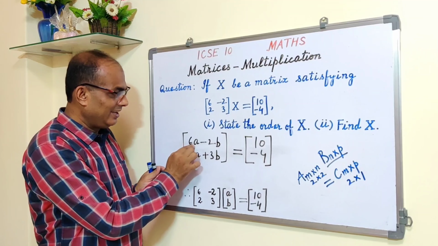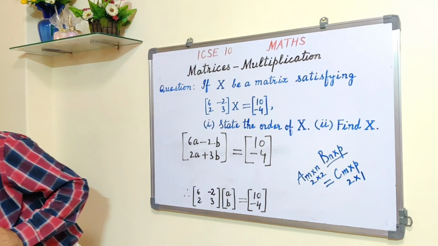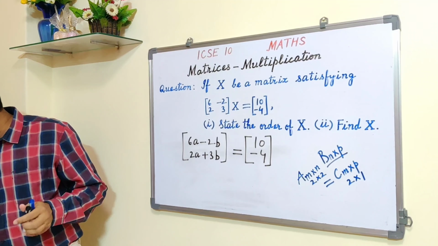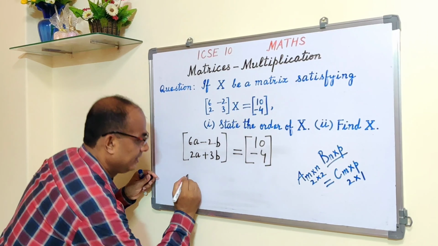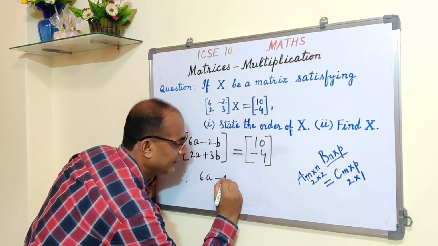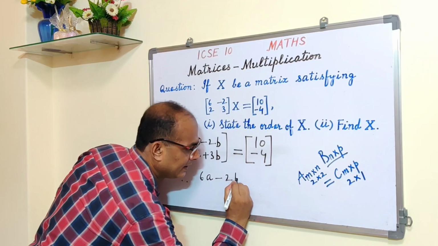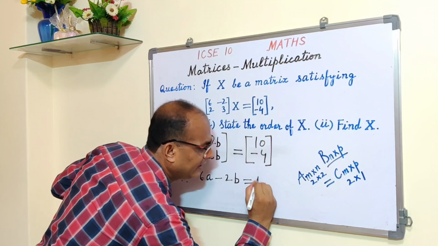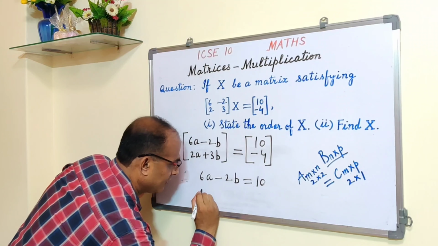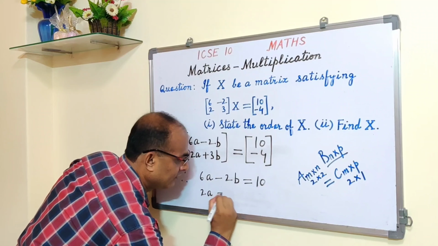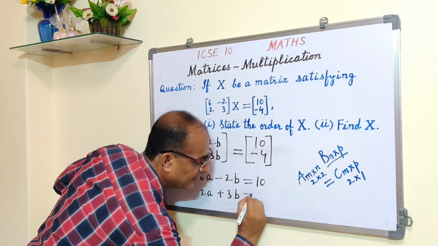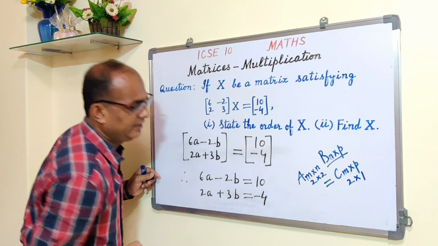So we can write down 6a minus 2b is equal to 10, and 2a plus 3b is equal to minus 4.